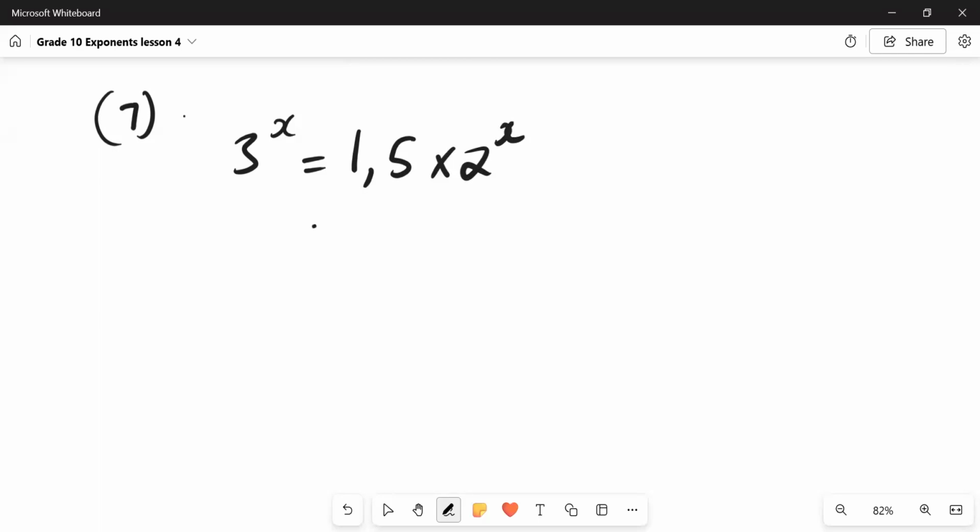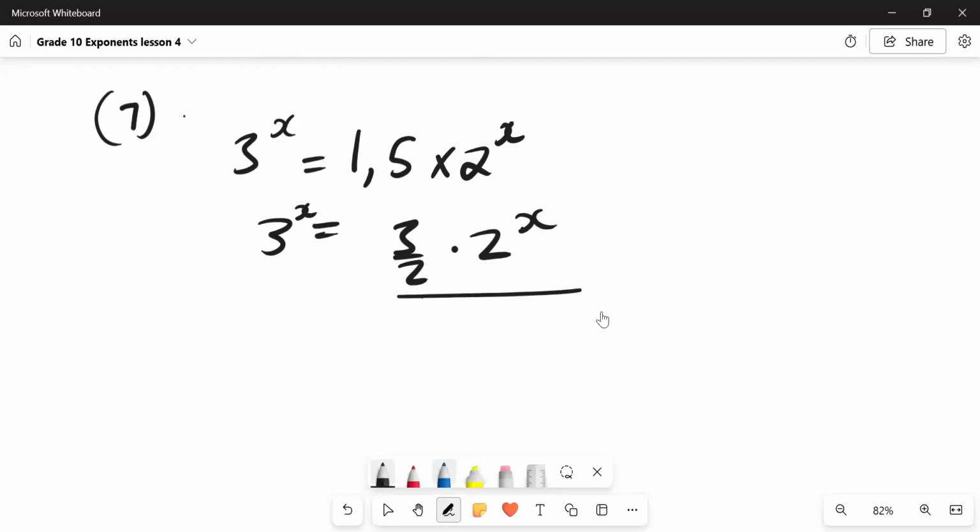Okay, this can be expressed as 3 over 2 times 2 to the power of x equals 3 to the power of x. Now that you have your 3 over 2, that's the direction, which means I must create 3 over 2 again here. How do I do that? I divide both sides by 2 to the power of x.